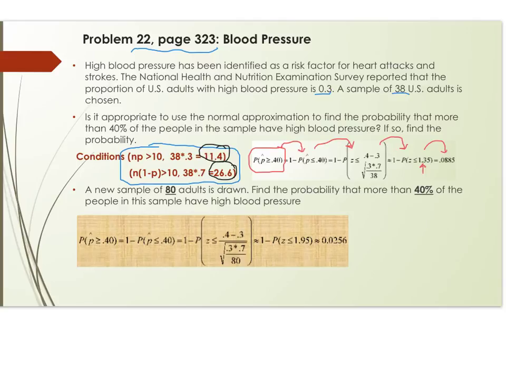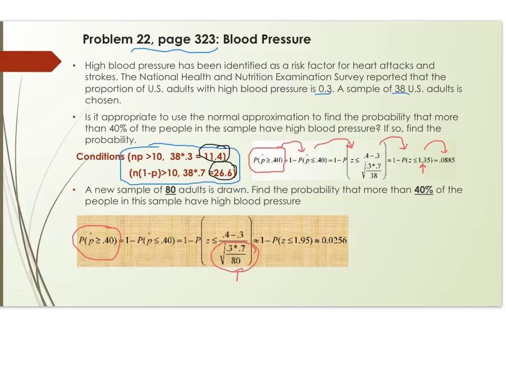So now in the second problem, part B, it says a new sample of 80 adults is drawn. Find the probability that more than 40% of the people in this sample have high blood pressure. So we have the same statement, but the thing that has changed in this problem is the standard error.